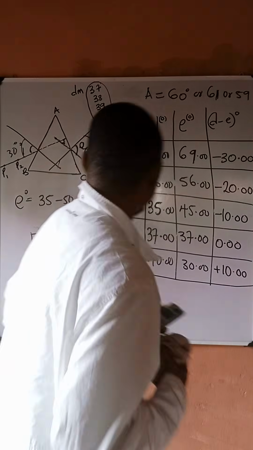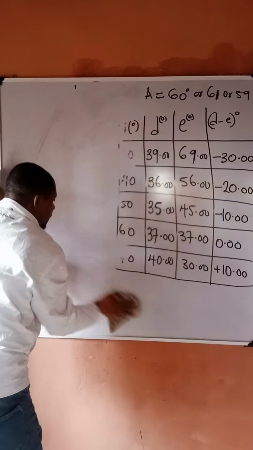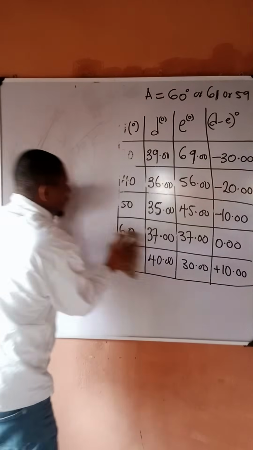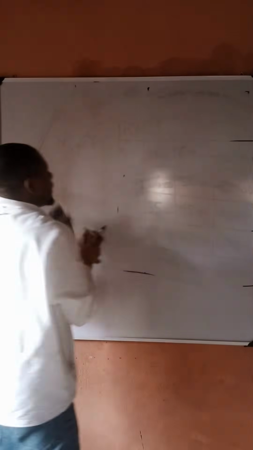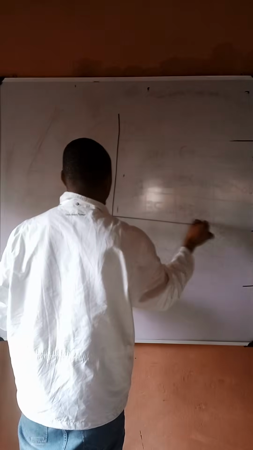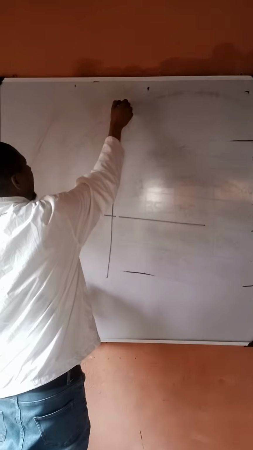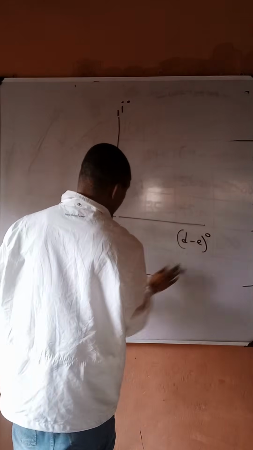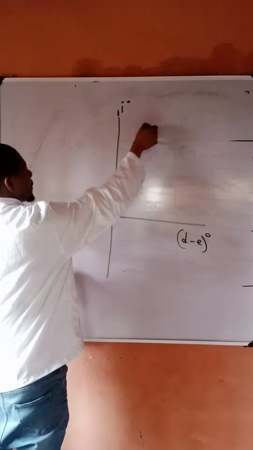Okay? So the graph of this will look like this. This is a graph of I against D minus E. Be careful because of the negative D. So it will look like this.